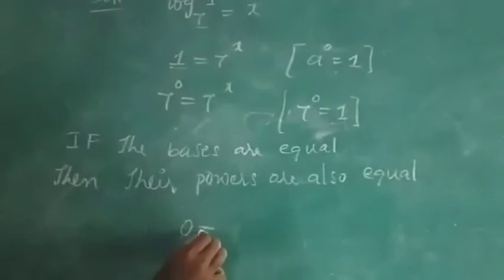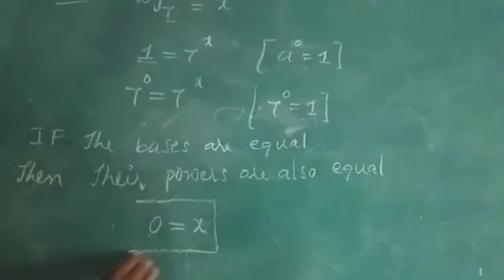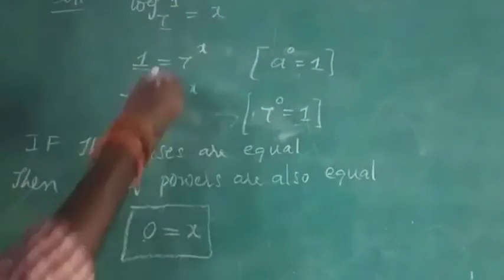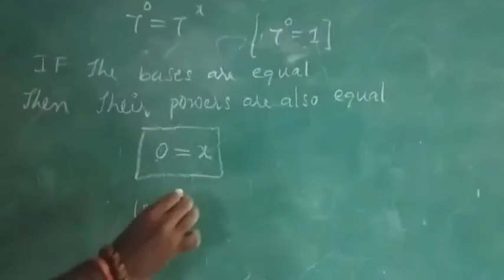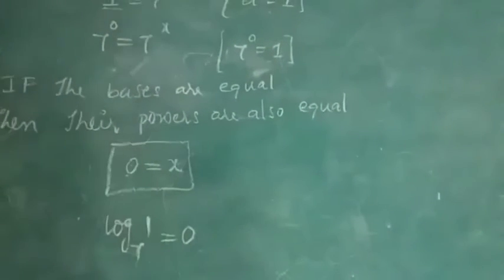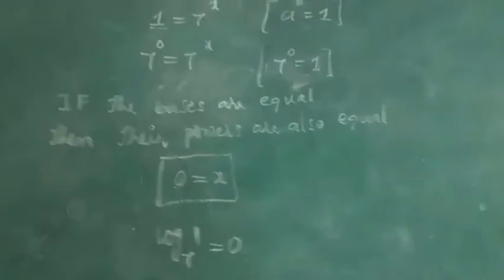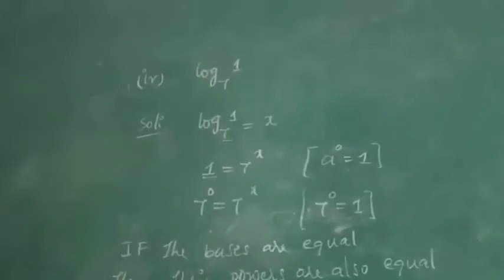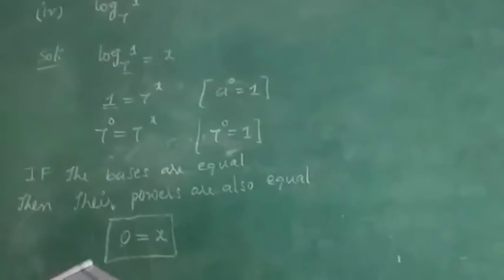Means 0 is equal to x. 0 is equal to x is nothing but log base 7 to 1 value will also be 0. Then I would like to explain the problem of the fifth one.